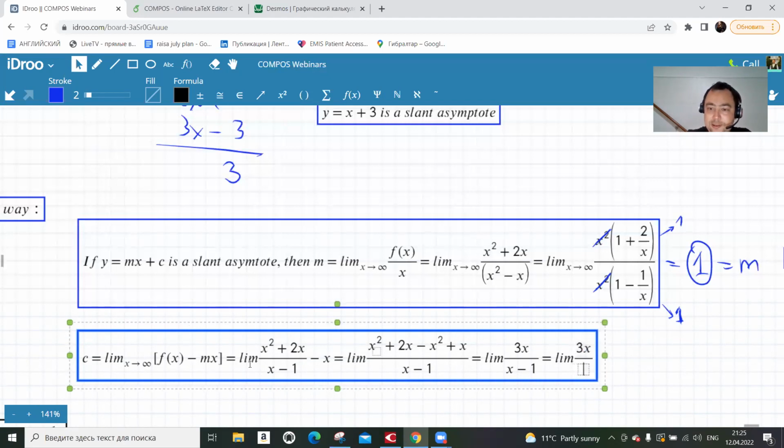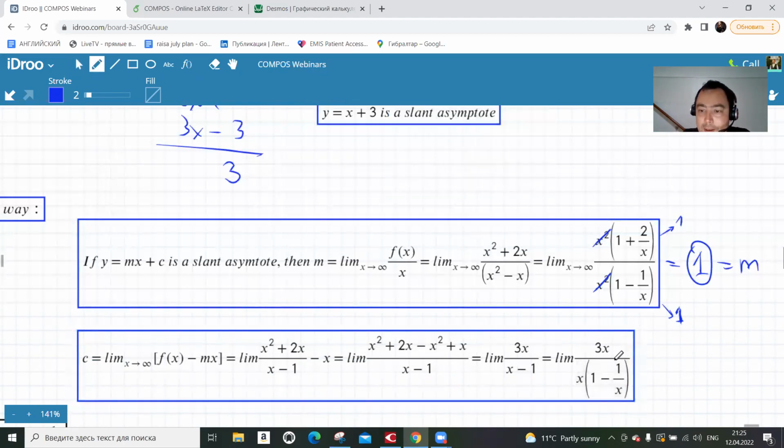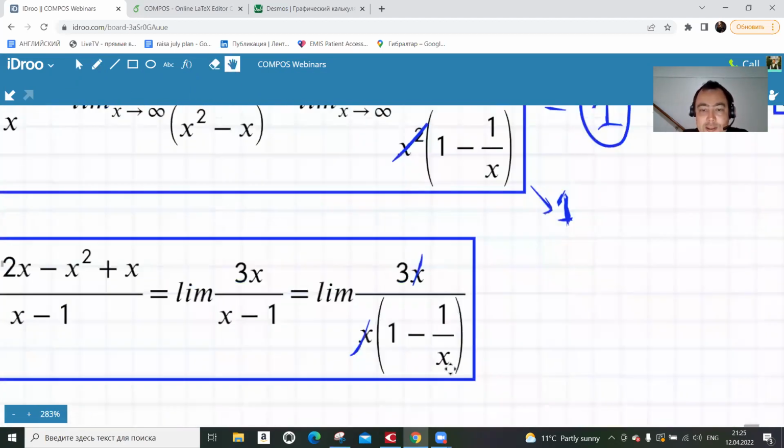So 3x, and here you take x out of the brackets, and you have 1 minus 1 over x, and x cancels, and you get 3 over 1 minus 1 over x, and 1 over x tends to 0 because this is an infinitely small value.